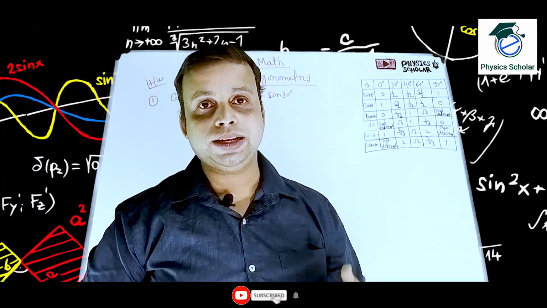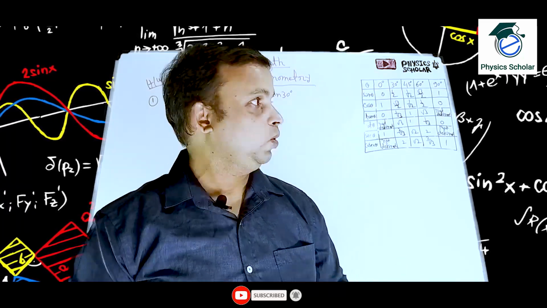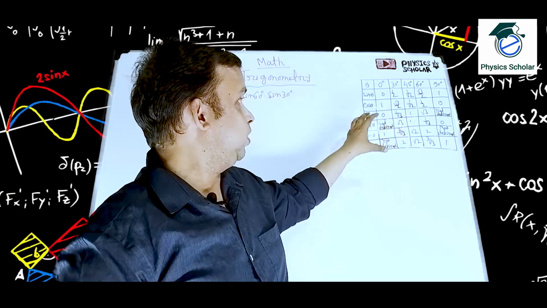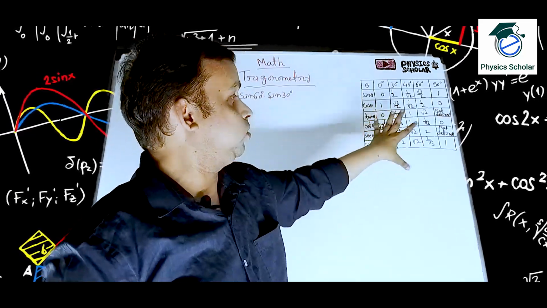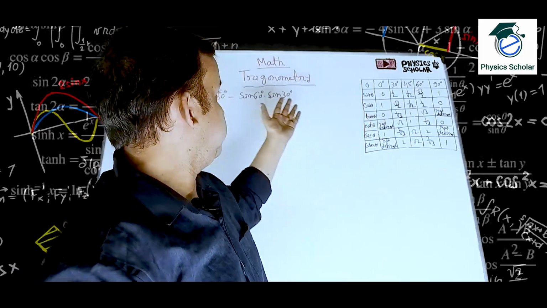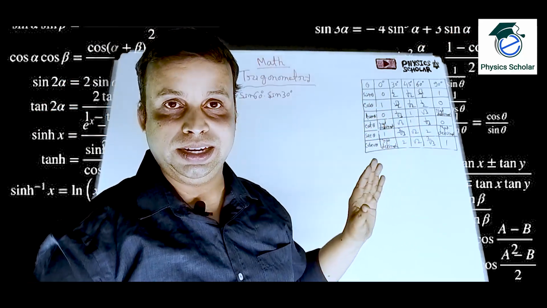As you know, I have already uploaded some videos on trigonometry. In my last episode, I discussed the values of some trigonometric angles: 0 degree, 30 degree, 45 degree, 60 degree and 90 degree.